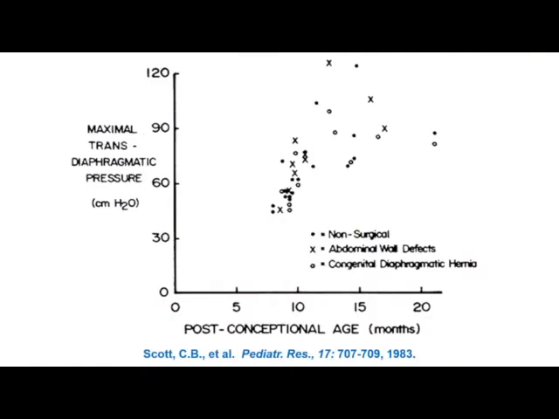Initially, when we did this study, we were interested in whether abdominal wall defects like gastroschisis or omphalocele, or congenital diaphragmatic hernias, had an effect on maximal transdiaphragmatic pressure. We measured a number of babies over full term, that is 9 months post-conceptual age, out to about 5 or 6 months.